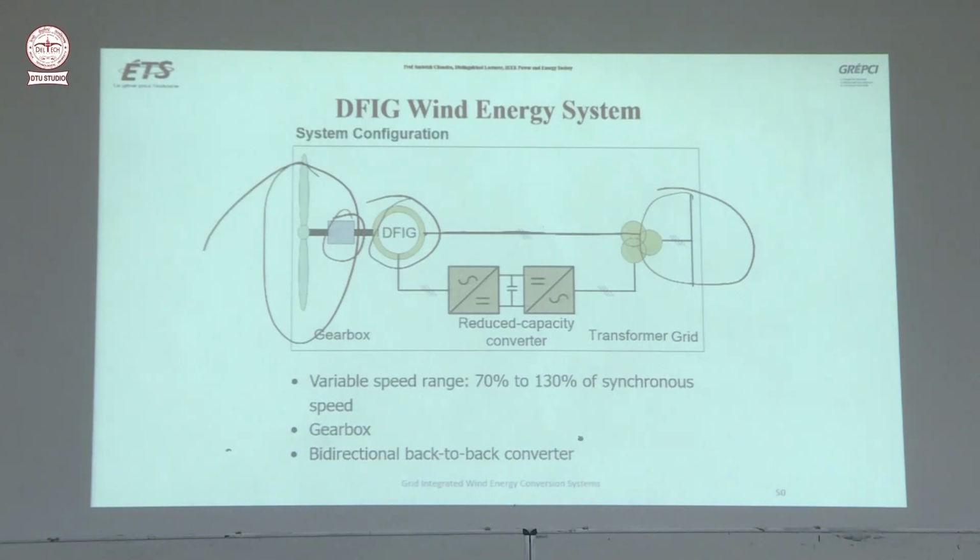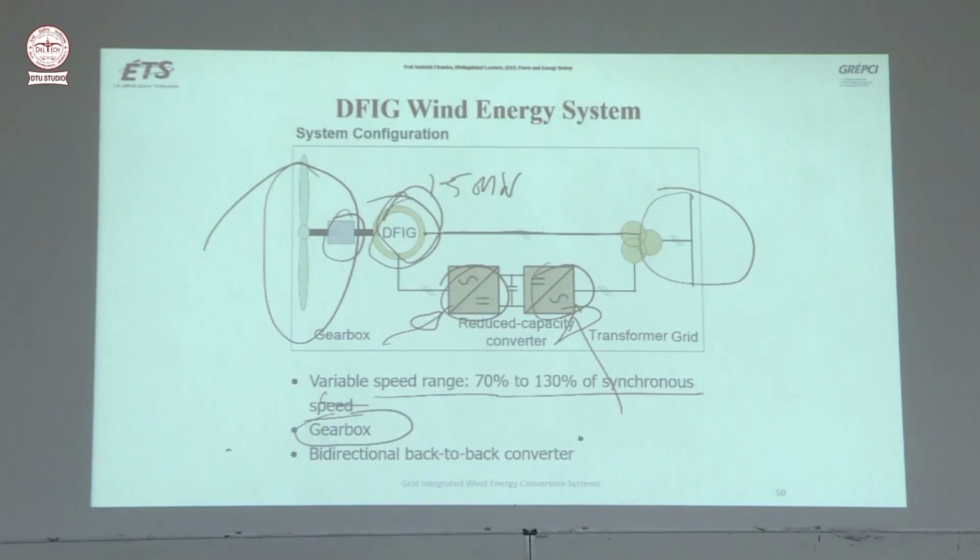So if this is 1.5 megawatt, this is 500 kilowatt. This is the advantage: the cost is reduced. First of all, a DFIG machine is cheaper than PMSG. Another thing, the inverter is 1/3 capacity, the variable speed range is from this, the gearbox is there, and there is a bidirectional back-to-back converter.